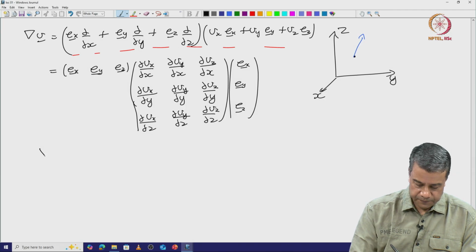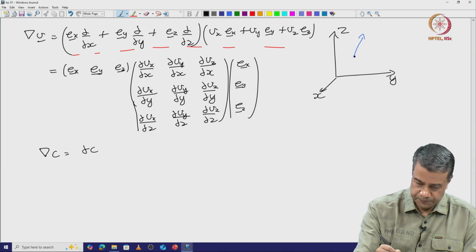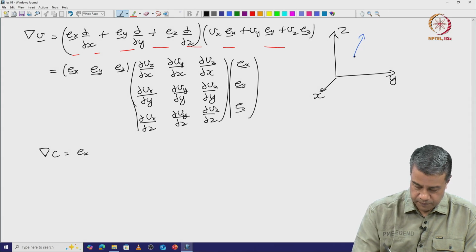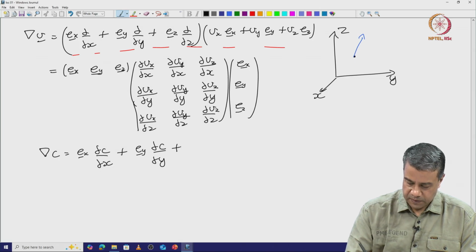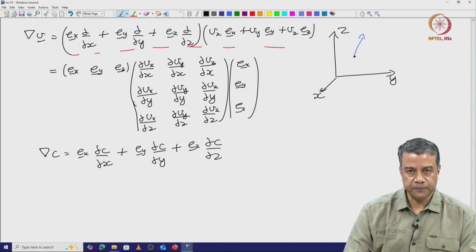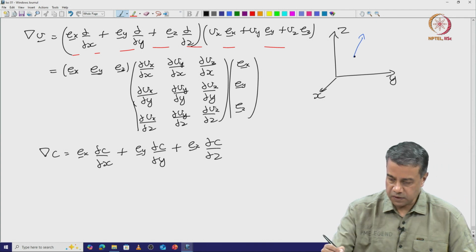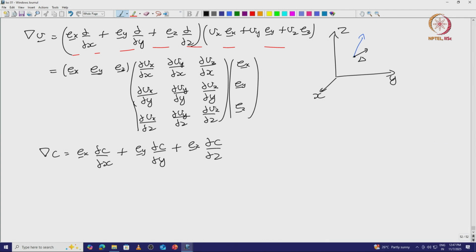So, it is defined as grad C is equal to partial C by partial x, and it is defined such that if I go a small distance delta x vector in any direction, C at x plus delta x minus C at x is equal to delta x partial C by partial x plus delta y partial C by partial y plus delta z partial C by partial z. Just by differentiating by chain rule.